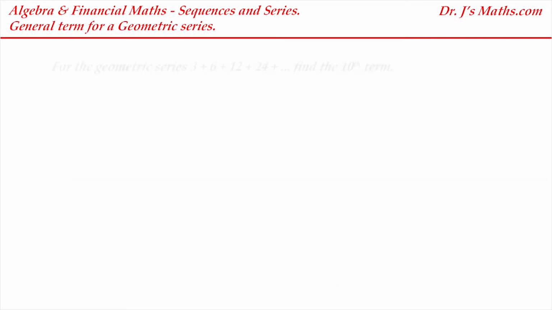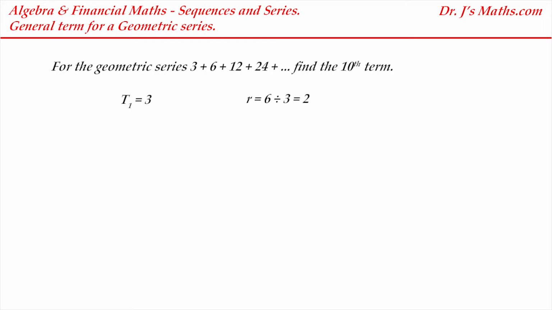A typical question we might be asked is to find a particular term. So we might be given the geometric series 3 plus 6 plus 12 plus 24, and we have to find the 10th term. So write down T1, which is 3. We find the common ratio, 6 divided by 3, which is 2.